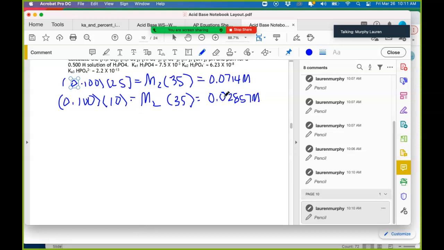I'm not sig figging these numbers because I'm not finished. I basically am writing out to where they stop rounding. Okay, so this is diluted, but before they have reacted.